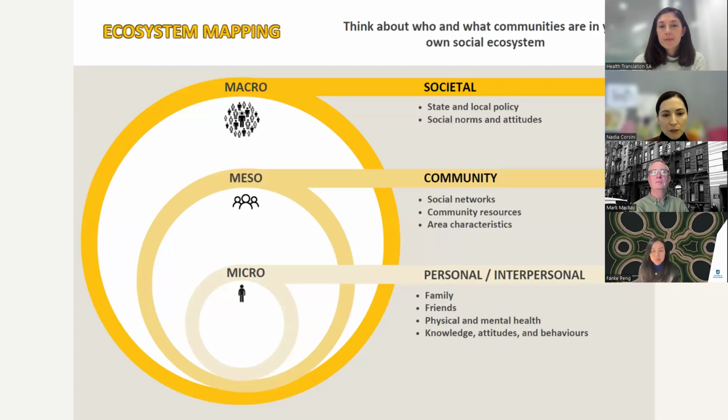The purpose of this was to encourage our participants to think about the various aspects of a person's ecosystem that might affect their behaviours and impact on their loneliness. This was an introductory exercise to get people thinking broadly about what is in their own social ecosystem to begin with.